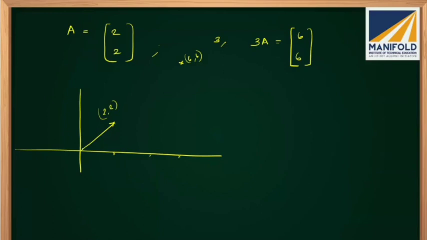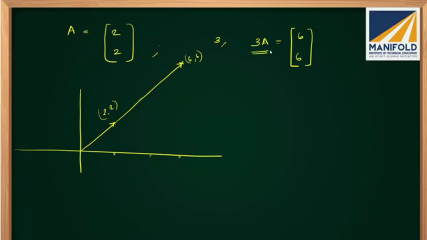If I draw a vector from the origin, you can see that the direction of the vector remained the same. There is only one change, which is that the magnitude of this vector has changed by 3 times. So that is the effect of scaling a vector.